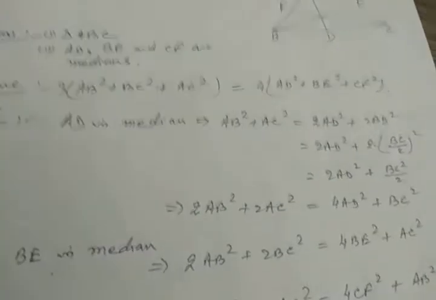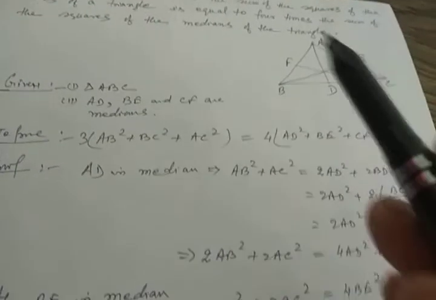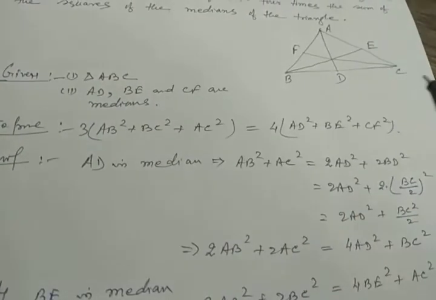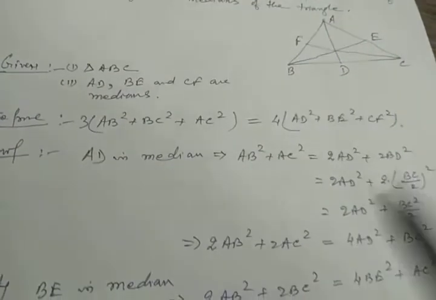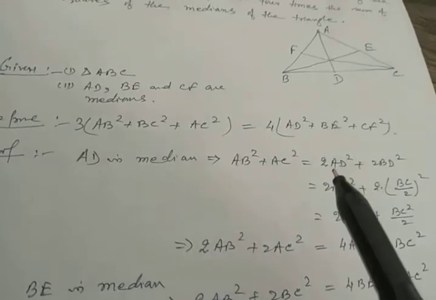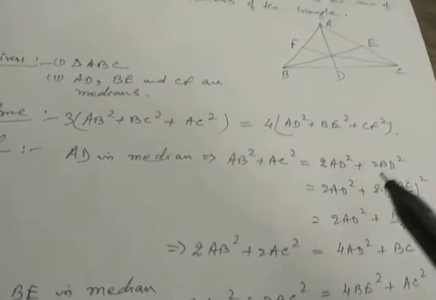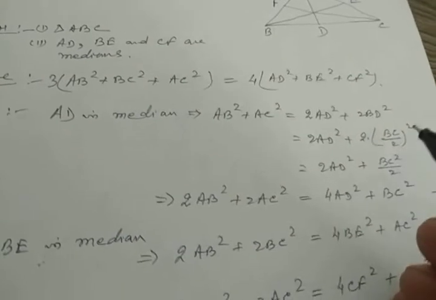We will use the result of the medians. See here, AD is median, so we can write AB square plus AC square is equal to 2AD square plus 2BD square. I have written here. But as D is the midpoint, BD can be written as BC by 2, the whole square.